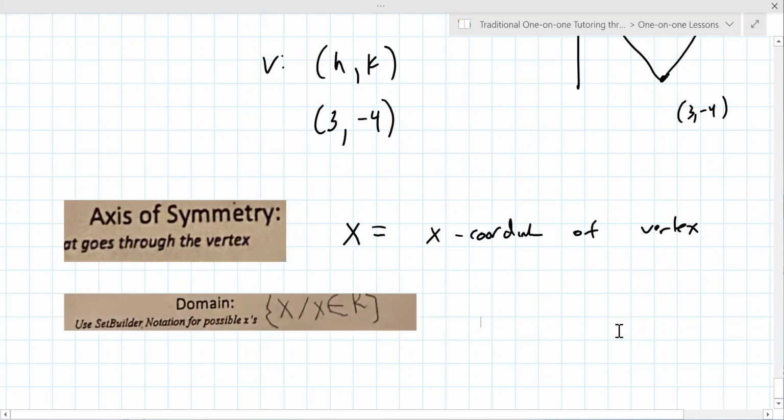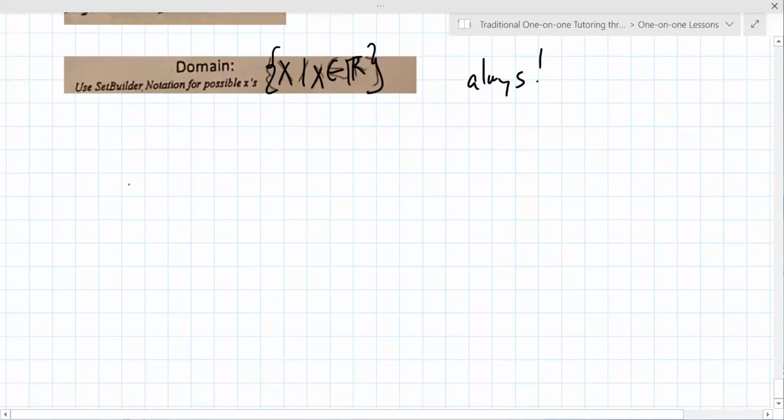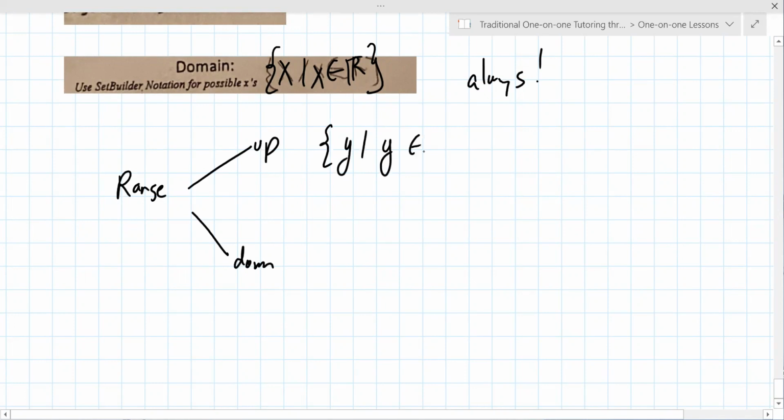All right. So the domain is always this right here: x such that x is an element of the real numbers. And then for range, it's the same thing, but you have to write it in y's, correct? Range is 2 possibilities. It depends whether the graph opens up or opens down. If it opens up, which is the one we've been seeing, it's y such that y is an element of the real numbers, y is greater than or equal to.